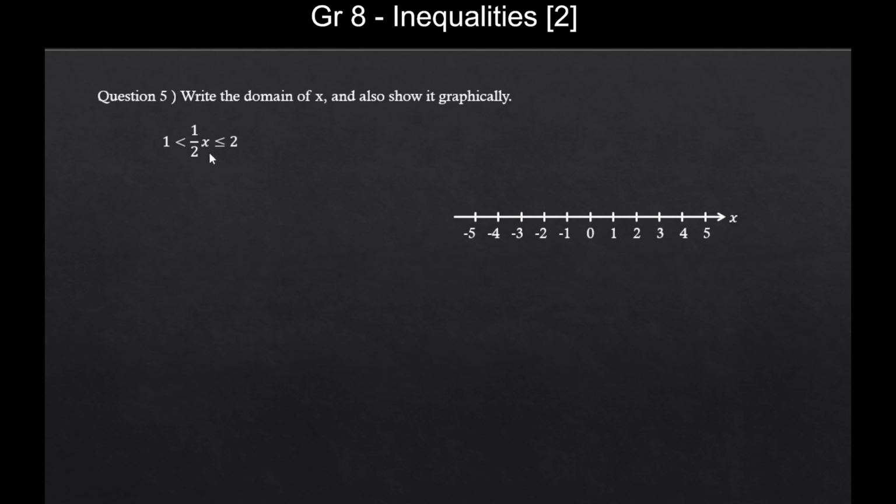So we should multiply all sides by 2. So it's going to be 2 is smaller than x, and x is smaller than or equal to 2. Oh, my bad, 4. Okay, so we just multiply the whole thing by 2. Now let's write the domain.